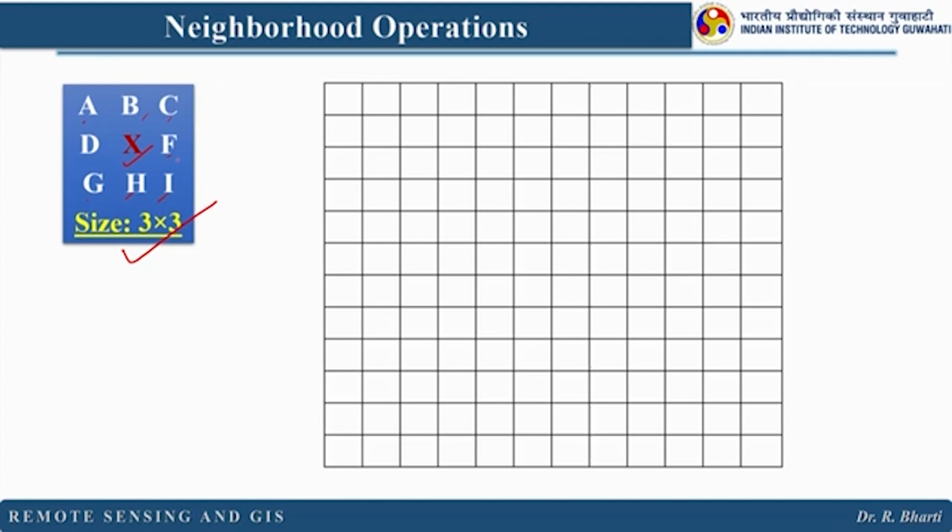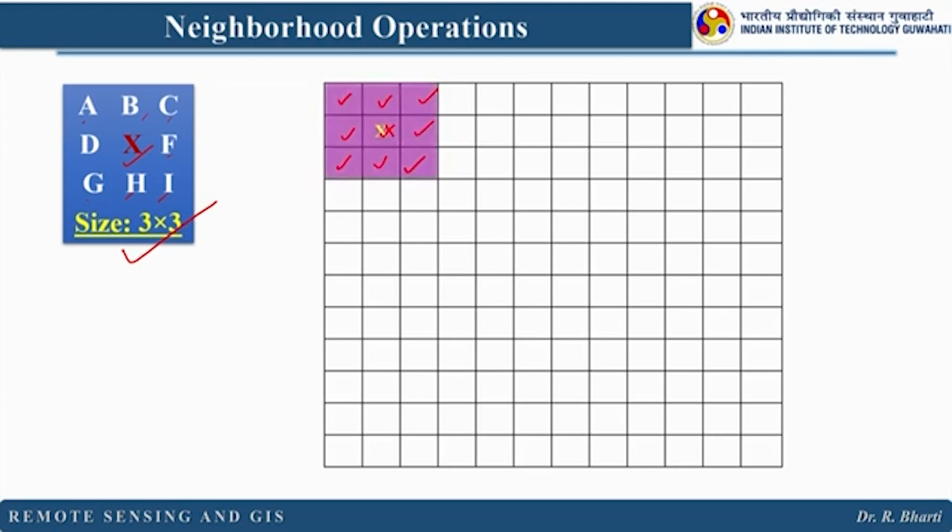Now first let us decide what size of kernel you want to apply. In this case we are using 3 by 3. So 3 by 3 means 1, 2, 3, 4, 5, 6, 7, 8, 9. Basically this is my central pixel, and the new value of this central pixel will be calculated now.